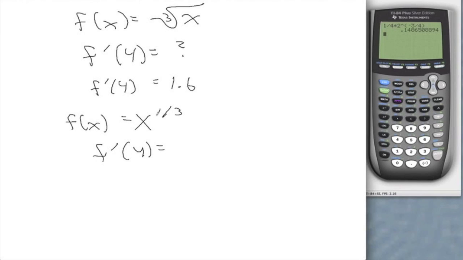Okay, so we have to rewrite f prime of x as 1/3 x to the negative 2/3, and then below that we can write f prime of 4. So we have 1/3 x to the negative 2/3, and what's the label for this? Function of x. Sorry, that's incorrect. This would be the f prime of x. Okay, good.